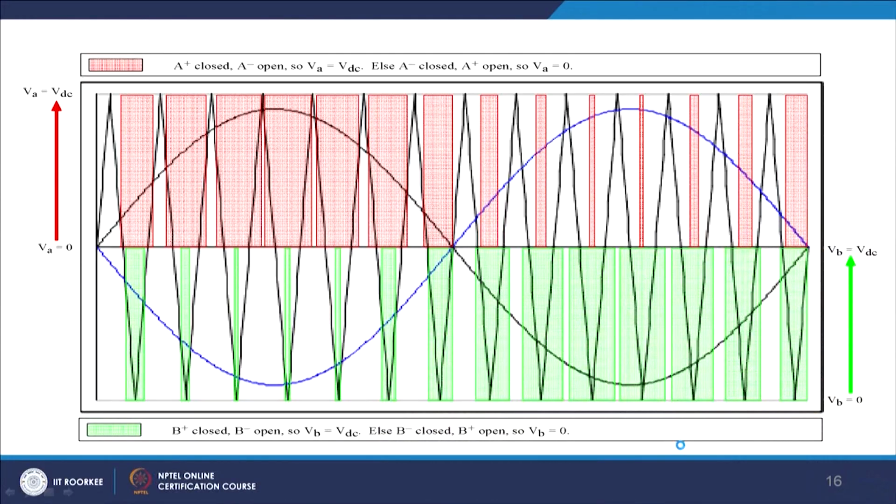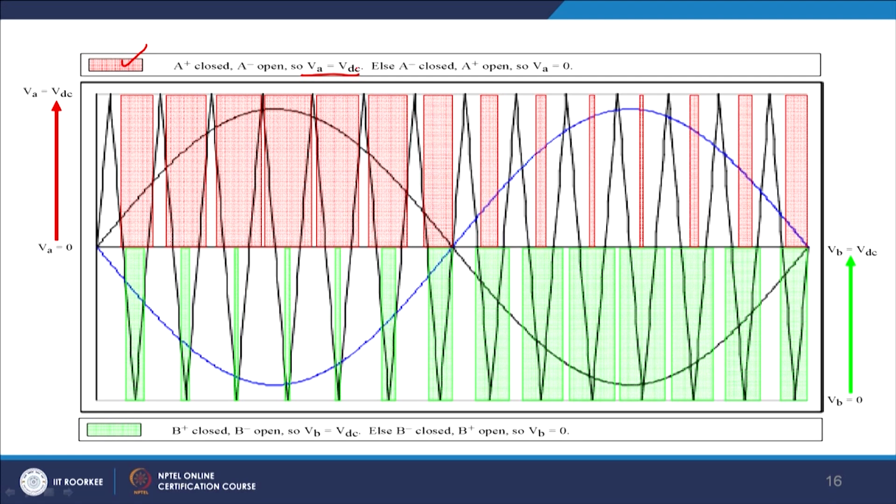So, let us just see this configuration of it. The red or purple line shows when capital A closes. When this condition is satisfied, capital A closes and minus A, the lower switch of phase A, opens, and so you are getting the voltage of VDC.